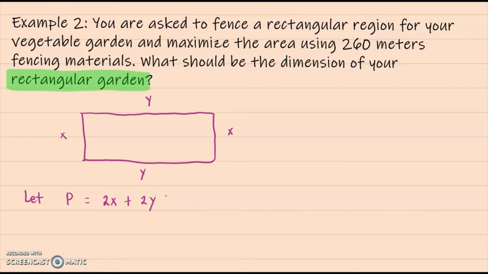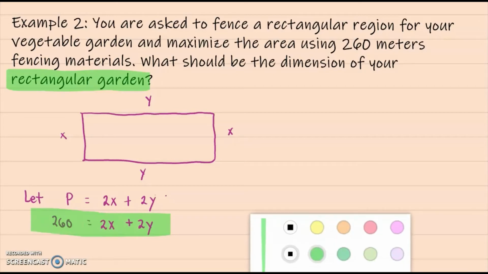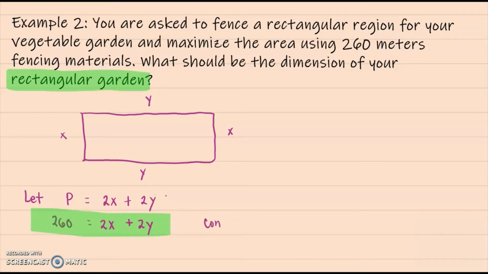And since we are using 260 meters of fencing materials, that 260 meters is already our perimeter. So we will write 260 is equal to 2x plus 2y. Again, this equation is our constraint.